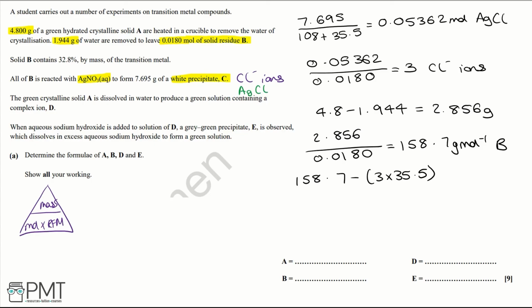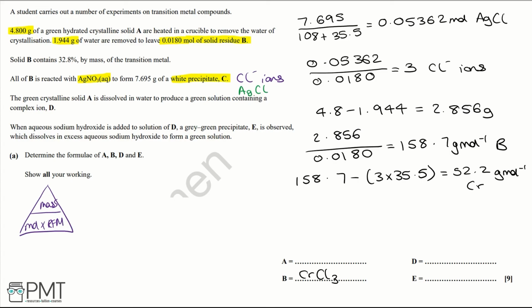That's the relative formula mass of 3 chlorines. And that's going to equal 52.2 grams per mole, which is the equivalent of chromium, or Cr. So the formula of B is CrCl3.